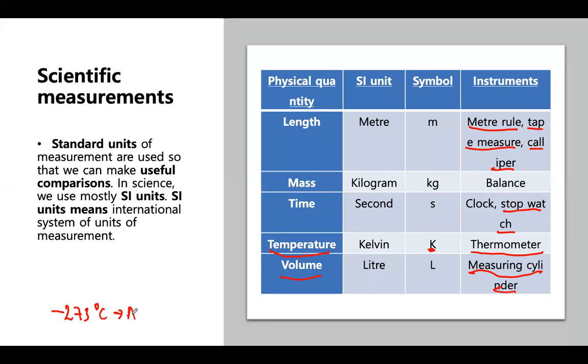So all matter stops moving at this particular temperature. So negative 273 degrees Celsius is equal to 0 Kelvin. He tested it, and he saw that it was true that all matter stops moving at this particular temperature.